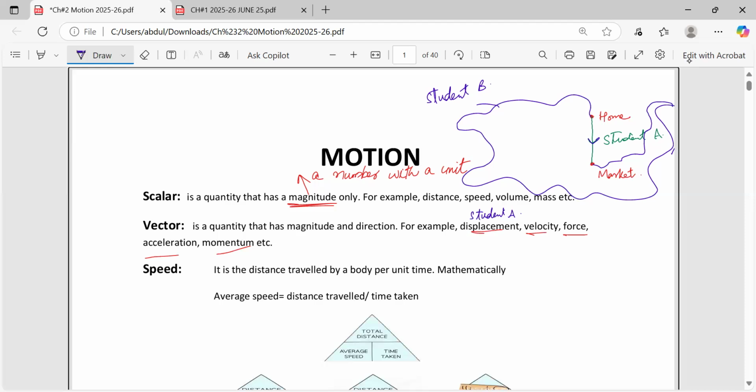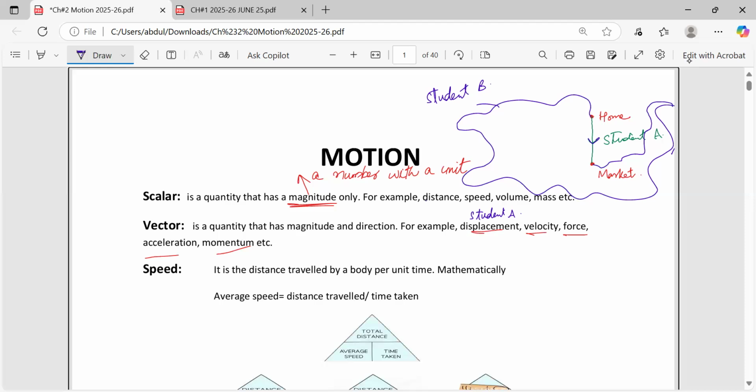Now let's talk about student B. He moved in every possible direction, so not a particular direction. Even so, he covered a distance; he traveled some length. The length traveled by student B is a distance, which is a scalar quantity.